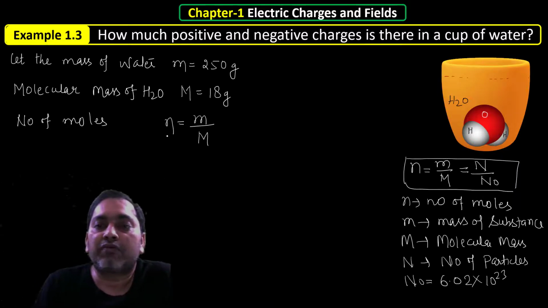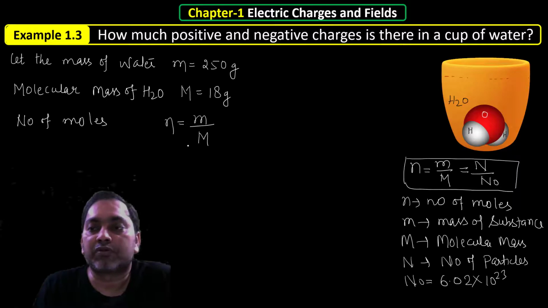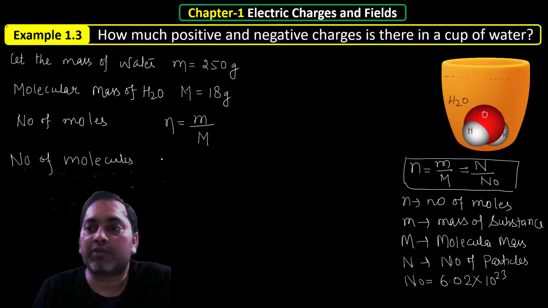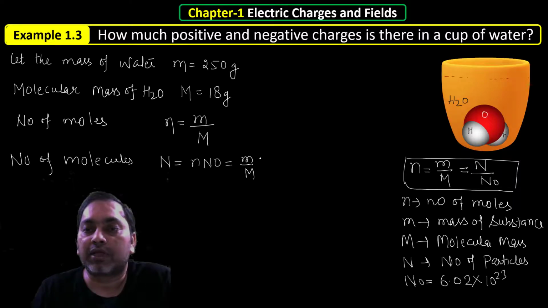Now if we have the number of moles of H2O, then we can calculate the number of molecules. From the formula you can see that the number of molecules is n into N naught, that is m upon capital M into N naught.